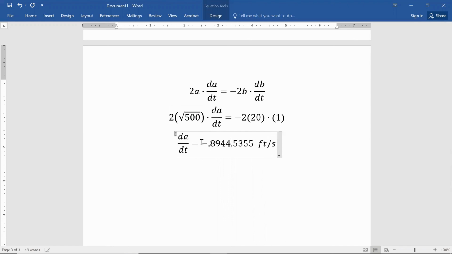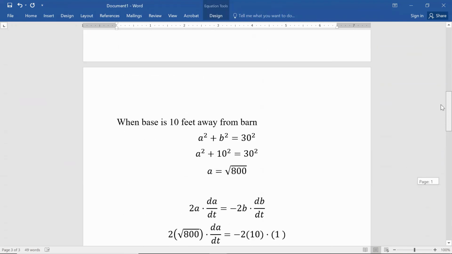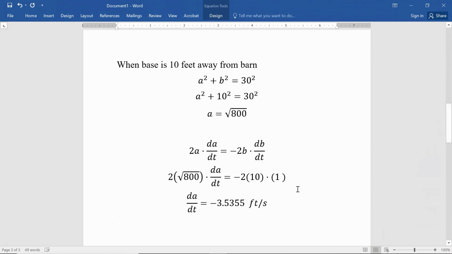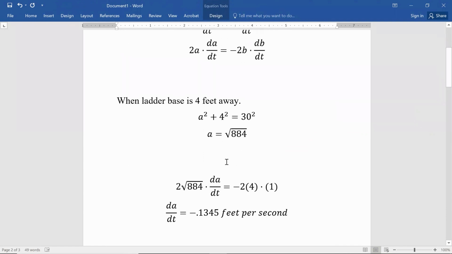Notice that this is once again slower. And that's kind of an interesting phenomenon, that in the middle is where the rate of change was the fastest. The rate of change is really slow when the ladder base is really close. And it's pretty slow when the ladder base is far away.